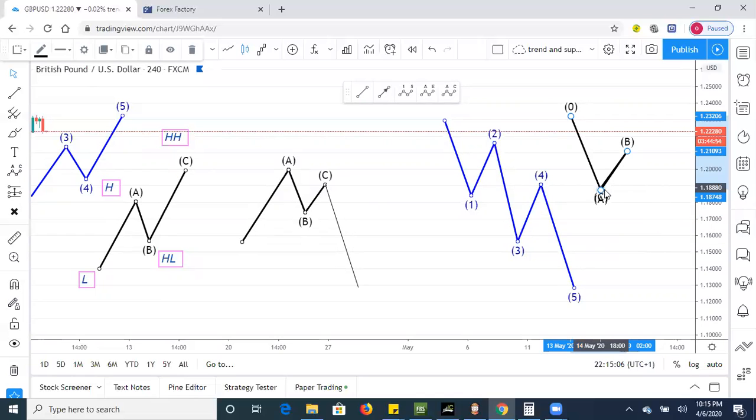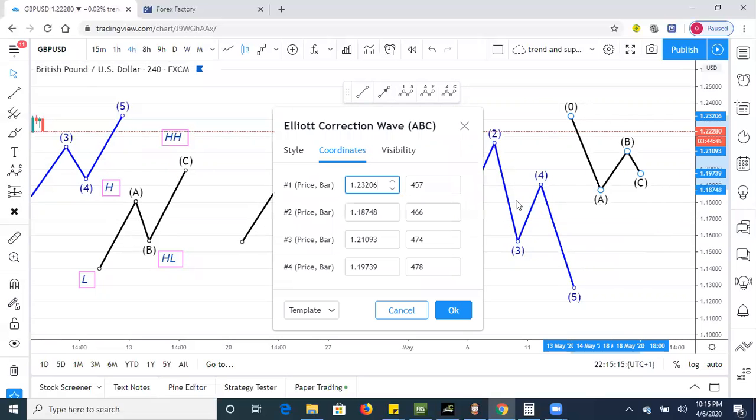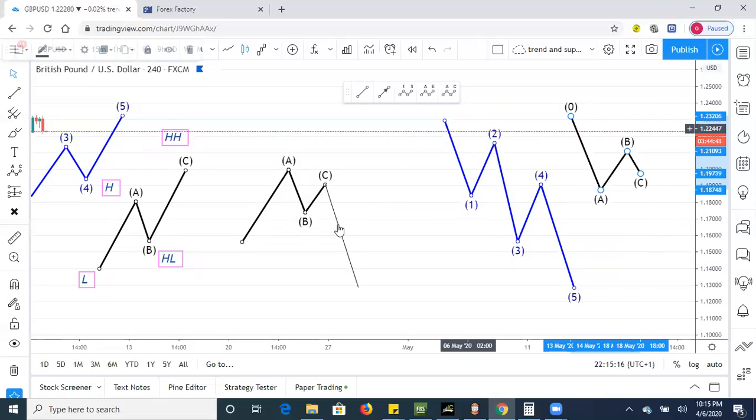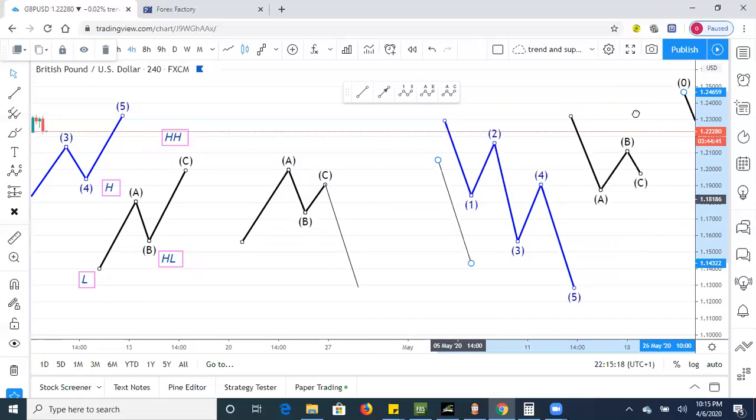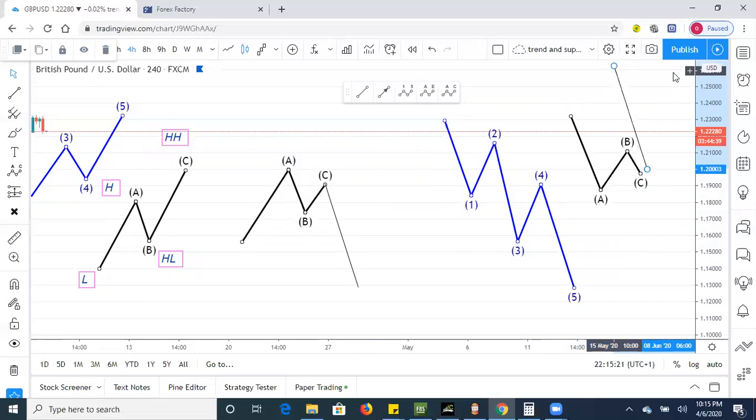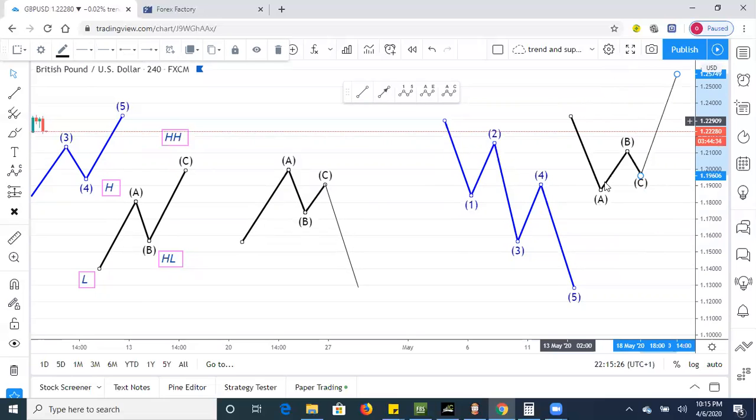Until you have a lower low, a downtrend has not been established. Price could as well stop at that point between B and A and then make a high. And this will be like a W, and this is not a downtrend.